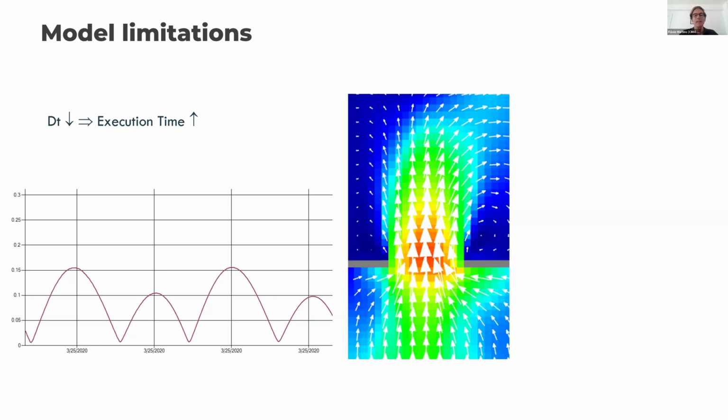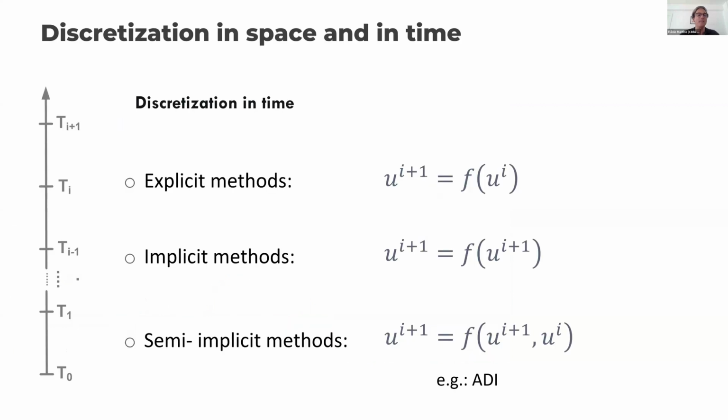So, as I said, models are approximations of reality, and they have a lot of errors and limitations. One of the limitations I was telling you, and I'm returning to this slide, is that if we are using an explicit method or a semi-implicit method, the distance between ti and ti plus 1 cannot be that large, okay? So the delta t cannot be that large.